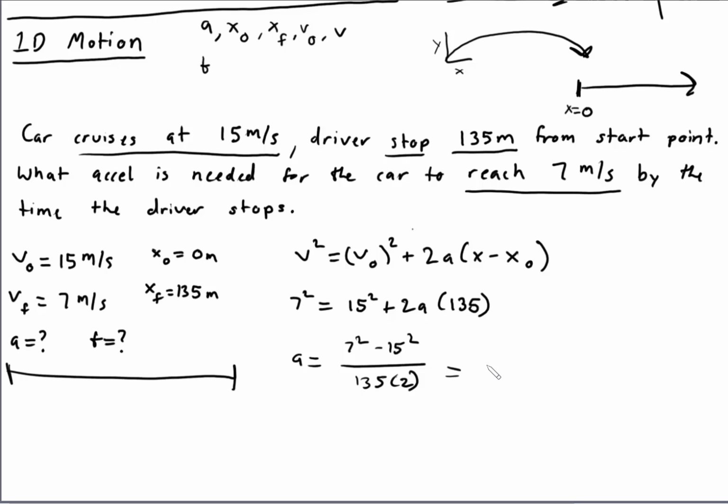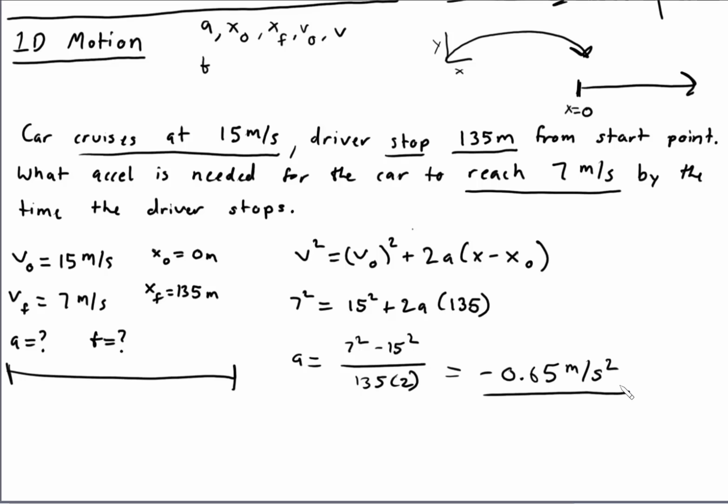So plugging this into our calculator, we'll get 49 minus 225 divided by 135 times 2, which is 270, and we get negative 0.65 meters per second squared. So don't forget your units. Acceleration is in meters per second squared.